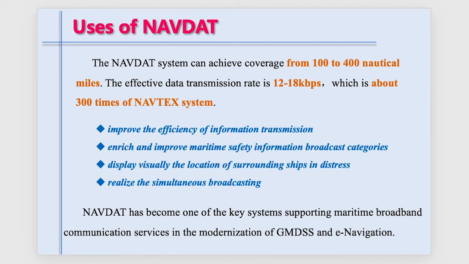The NAVDAT system can achieve coverage from 100 to 400 nautical miles. The effective data transmission rate is 12 to 18 kbps, which is about 300 times that of the NAVTEX system. The NAVDAT system can improve the efficiency of information transmission, enrich and improve maritime safety information broadcast categories, display visually the location of surrounding ships in distress, and realize simultaneous broadcasting.